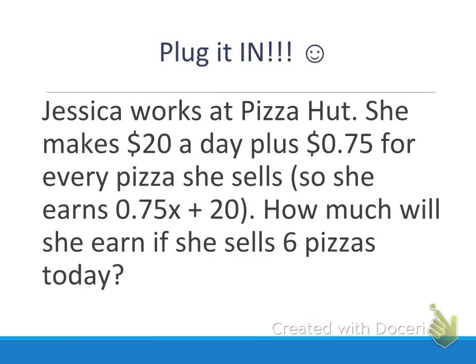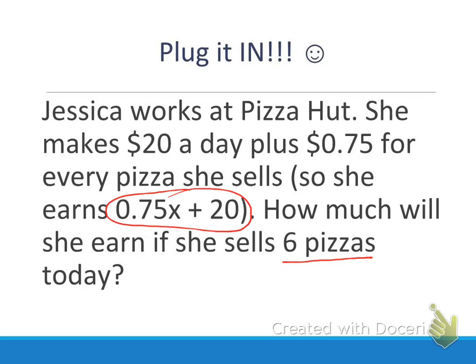Okay, so we have Jessica works at Pizza Hut. She makes how much a day? $20 a day, plus what? 75 cents for every pizza she sells. So she earns, look, there's the equation. Circle it. That's our equation. That's our first step, is find our equation. And then it says, how much will she earn if she sells 6 pizzas?